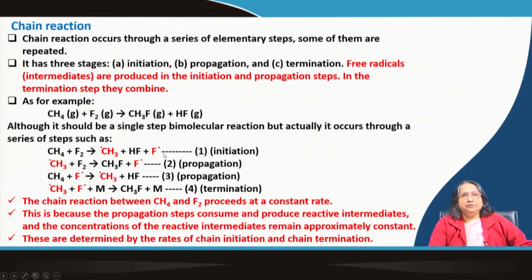This is the initiation step, the formation of some free radicals. Then propagation means there are many steps where other free radicals are being generated. These are all propagation steps, step 2, step 3. Now, in step 4, you see the free radicals are recombined and produce a compound.